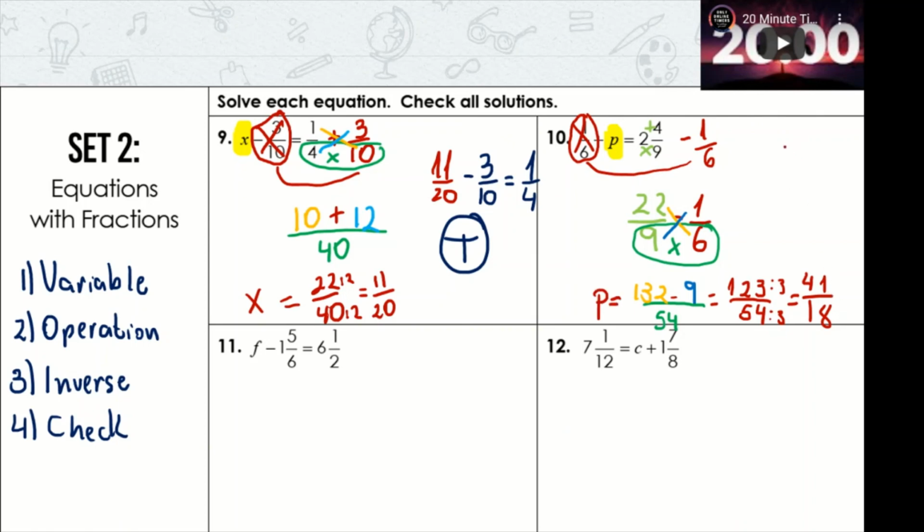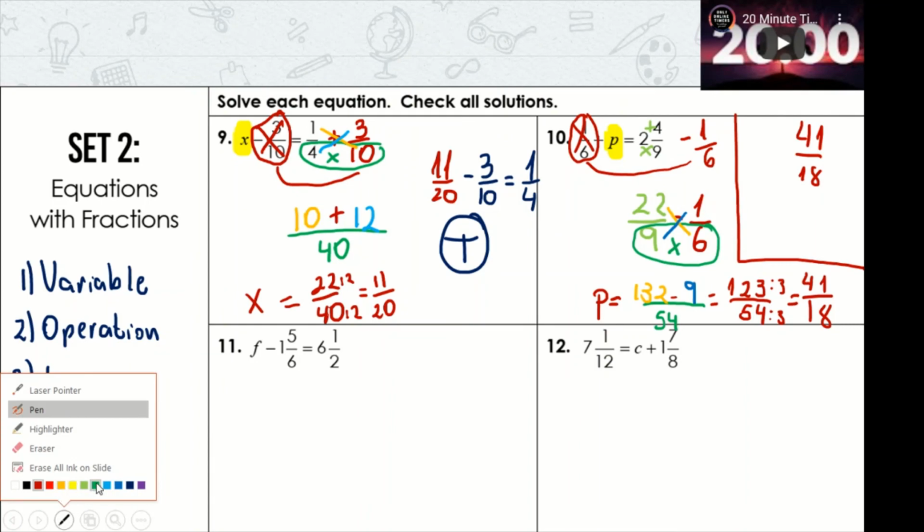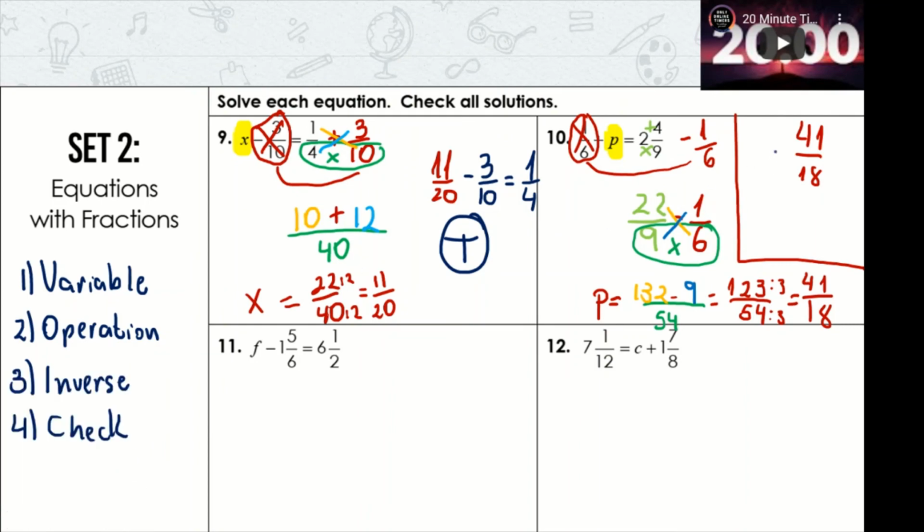Right now, let's check. I have enough room over here. 41 over 18 subtracted by 1/6 is equal to 22 over 9.